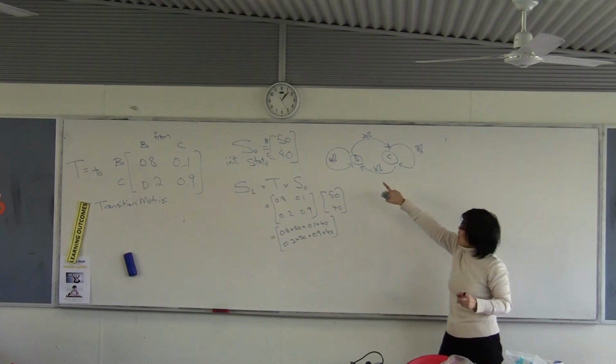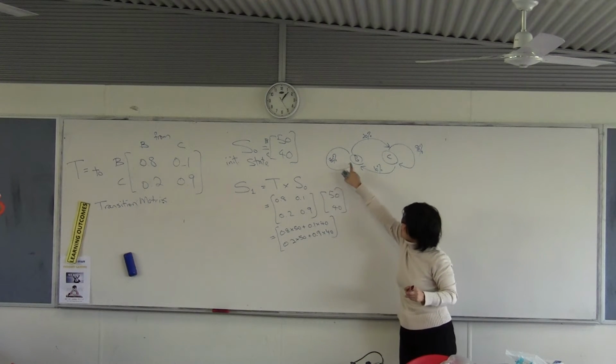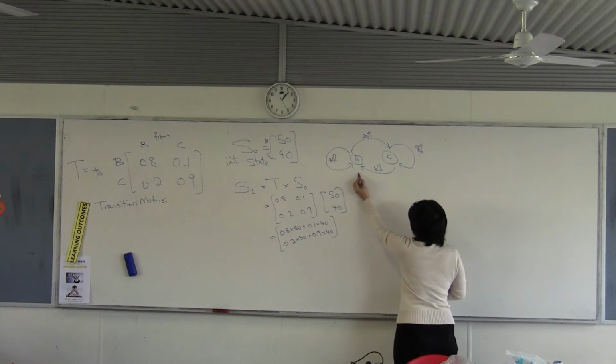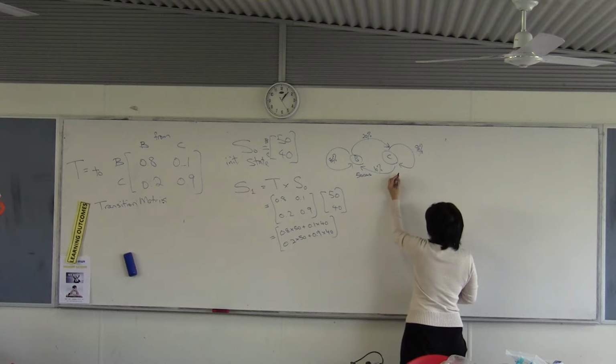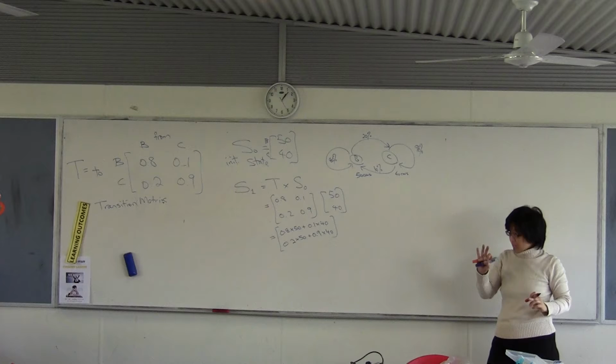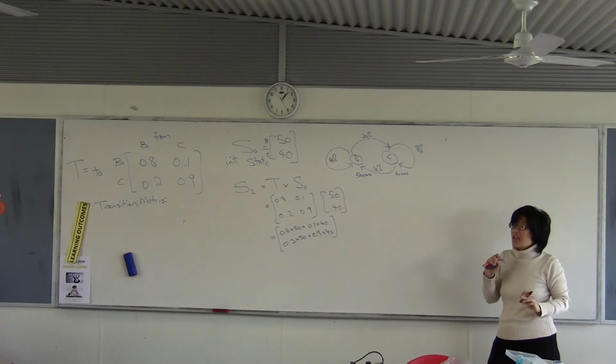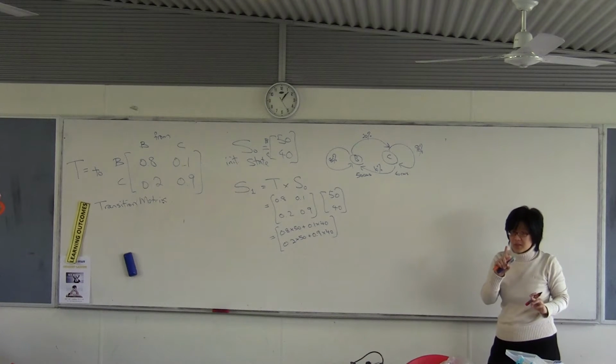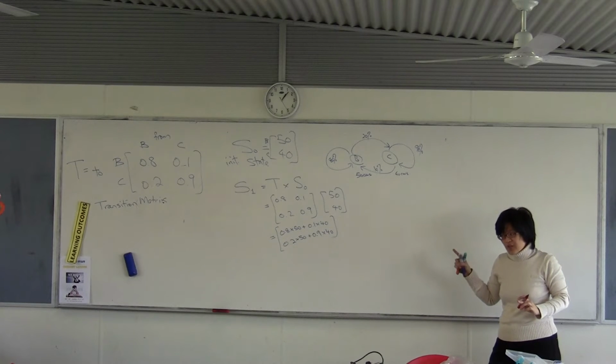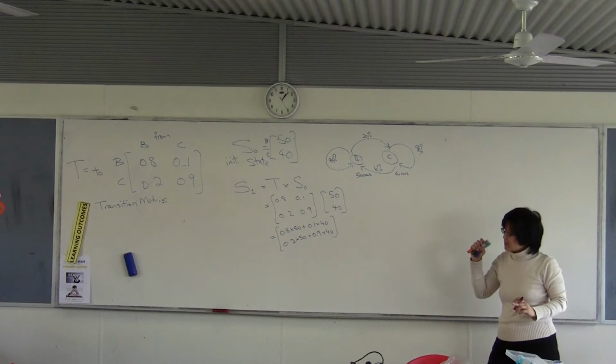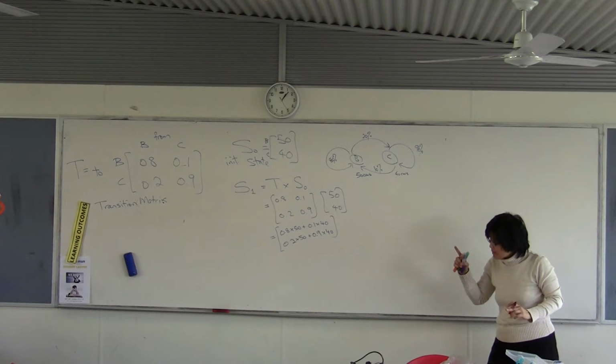So, at the very beginning, we know that at Bendigo there are 50 cars, and 80% is returned to the same place, right?